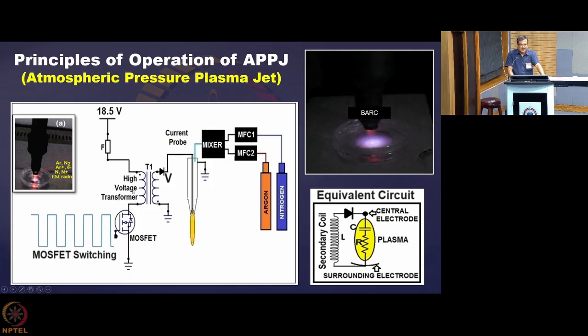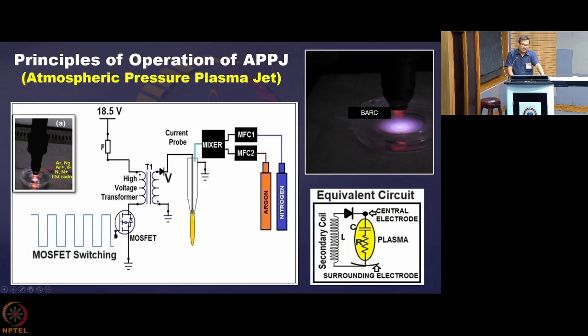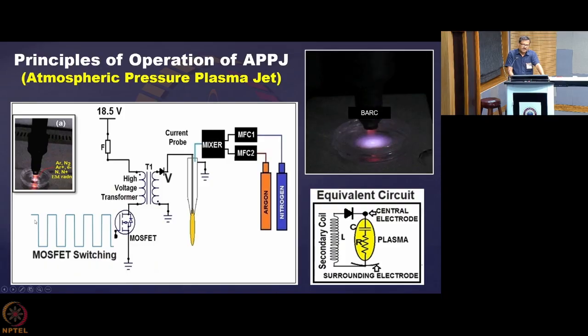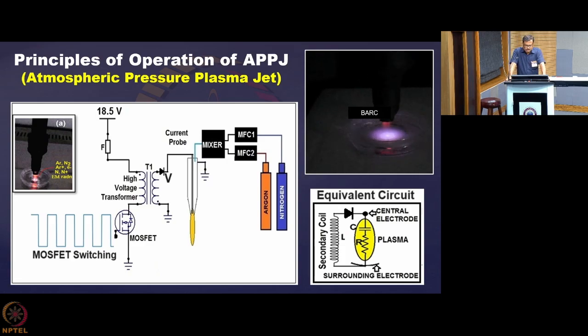When the switch is closed, current is passing, right? And the moment it is off, suddenly the current is off. So the current goes from some value to 0 almost instantaneously, and because of that the di/dt is very high.